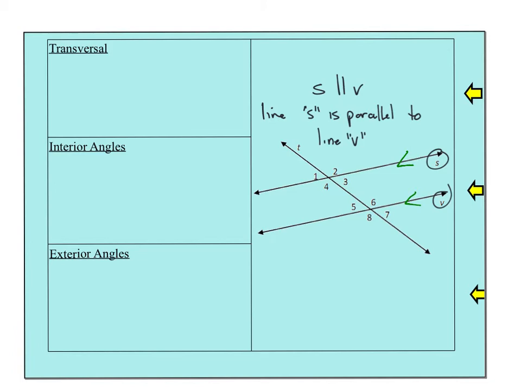Now, T is what's called a transversal. It's simply a line that intersects two parallel lines.